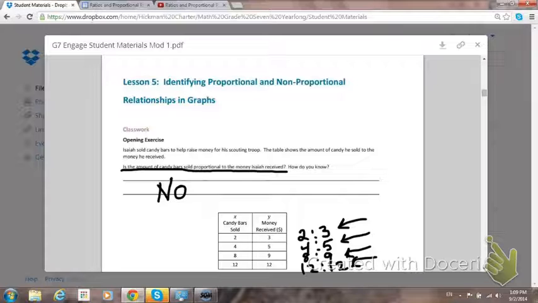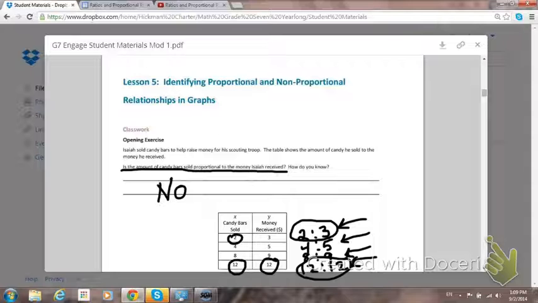Right here, candy bars sold 2 and you received $3. In this case a candy bar is more than $1 each, but when you sold 12 for $12 they were $1 each, so the per unit price has actually changed. And it's a pretty realistic case.